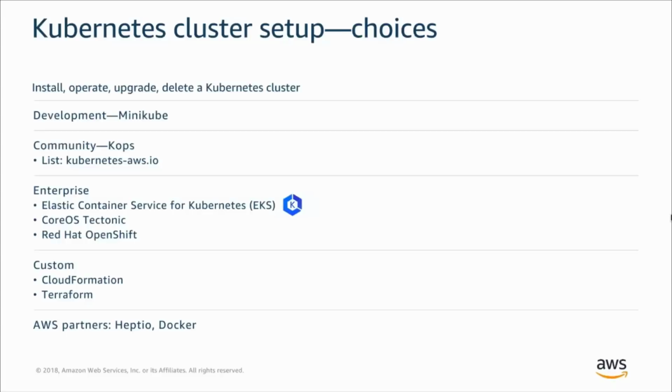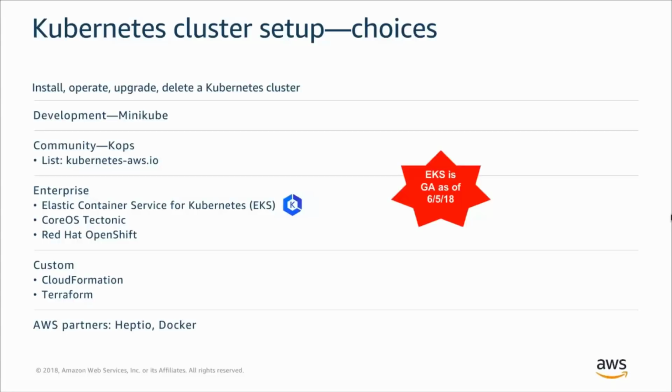This is pretty actively used among AWS customers today, and it has a robust set of features and integrations with AWS services like auto-scaling, ELB, etc. The other choice you have for enterprise-grade Kubernetes cluster management platforms is EKS, which went GA as of last week, June 5th. But there is also CoreOS Tectonic and Red Hat's OpenShift. So these are multiple options that are available.